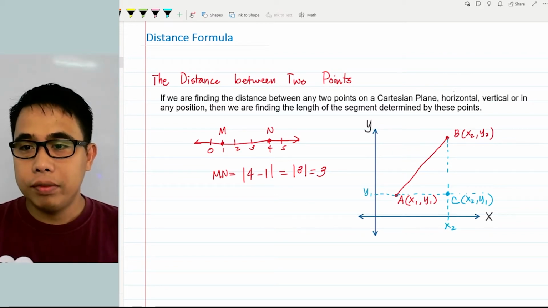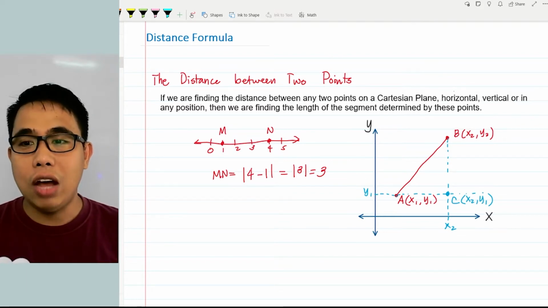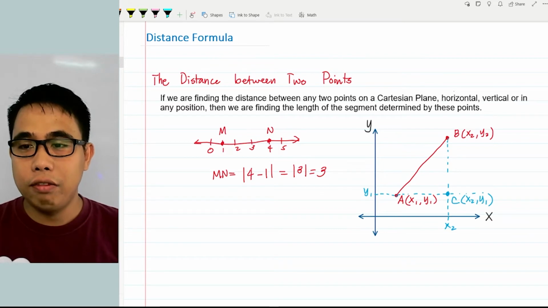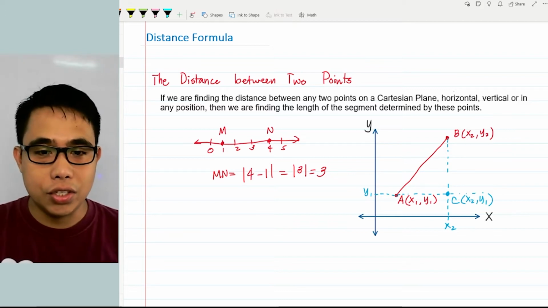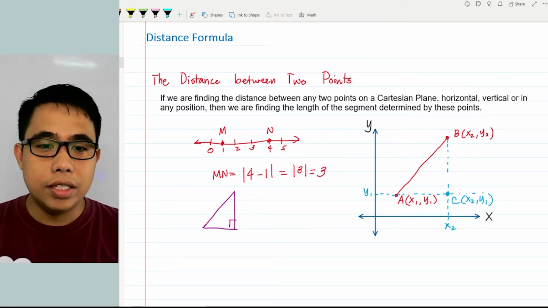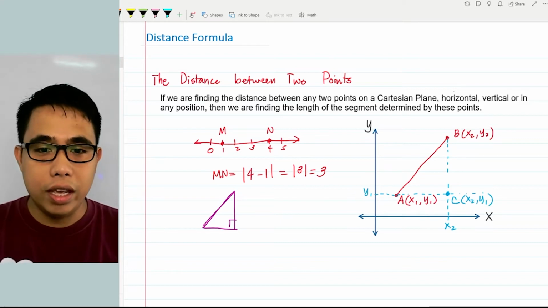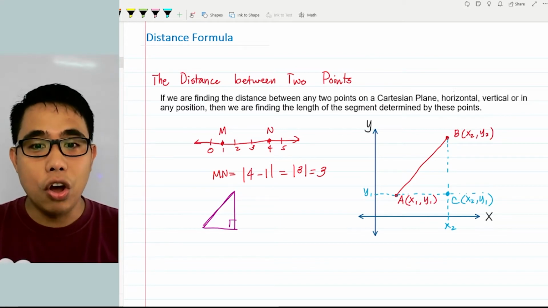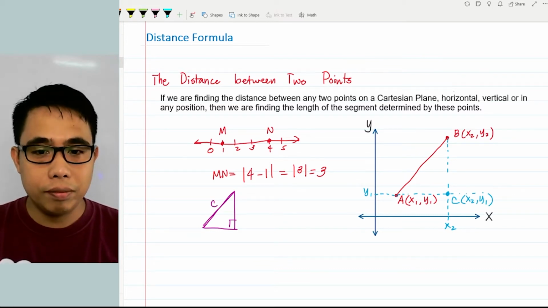Notice that we form a right triangle out of the segment AB, the horizontal line, and the vertical line. So it is a right triangle. Since we are looking for the length of AB and it is the hypotenuse of the right triangle, let's name it as c.